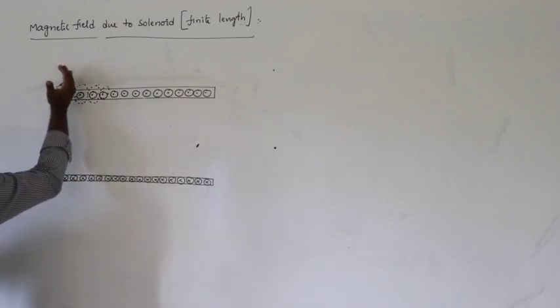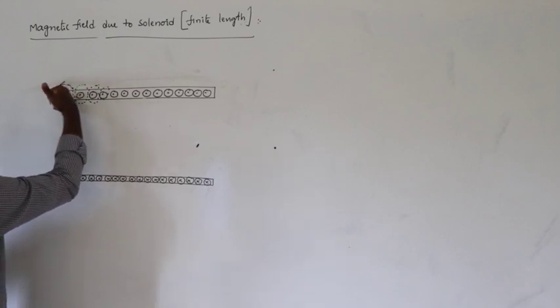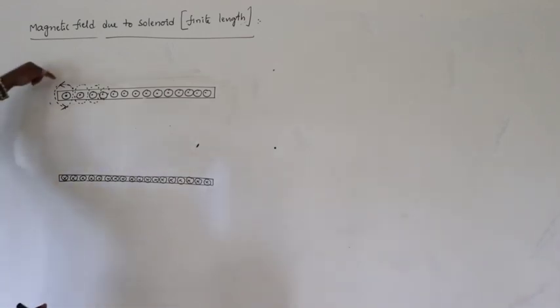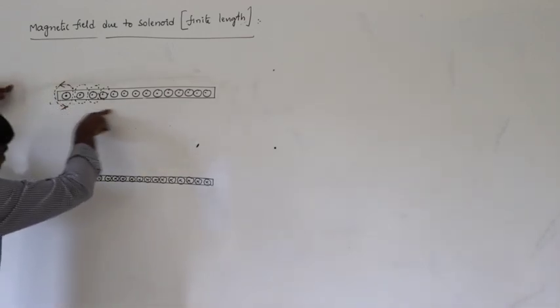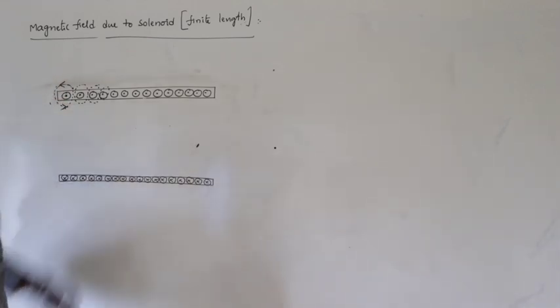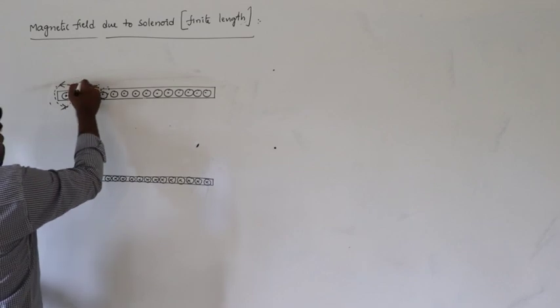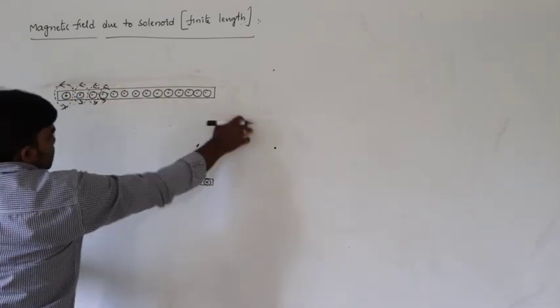For our convenience, I am writing somewhat larger. So this is the direction of the thumb, and the curling of the fingers indicates the direction of the magnetic field. Here the direction of the magnetic field is like this. That means inside the solenoid, this is the direction of the magnetic field, inwards like this.